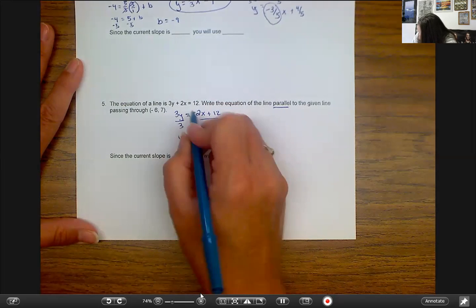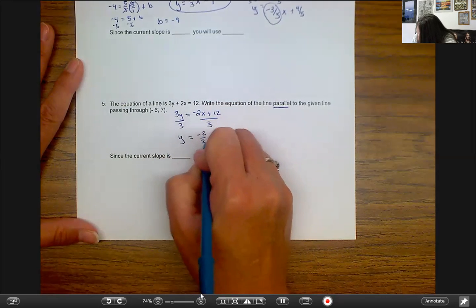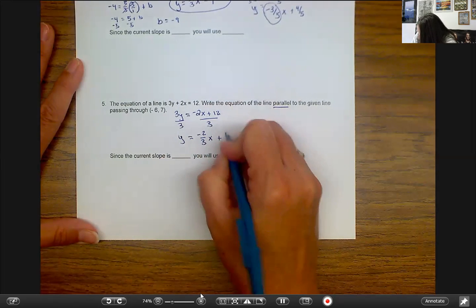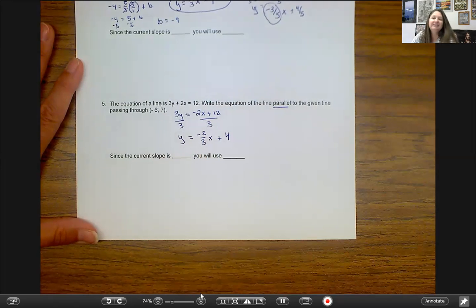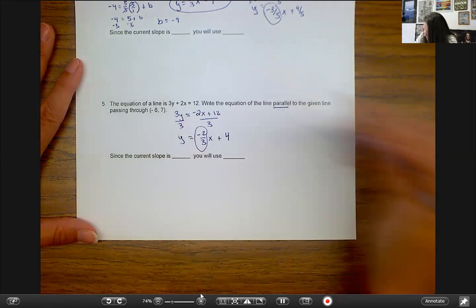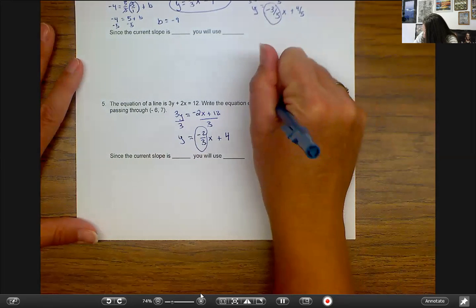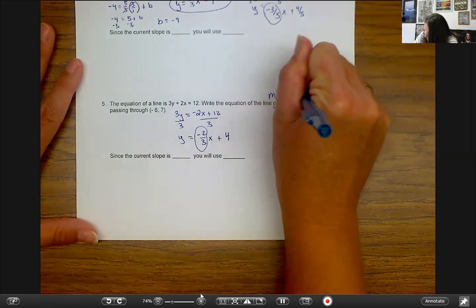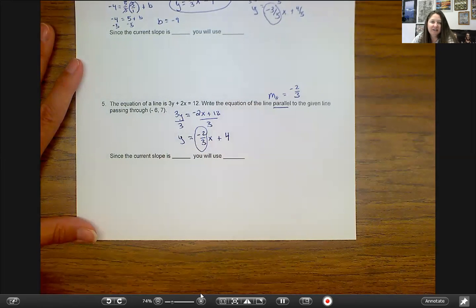So we get y equals negative 2/3 x plus, well then 12 divided by 3 is 4. I want my slope to run parallel to this line, so we want to use this exact same slope. So the slope that will run parallel will also be negative 2/3.